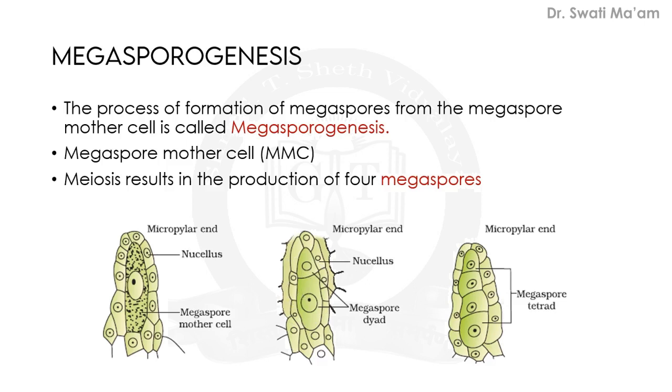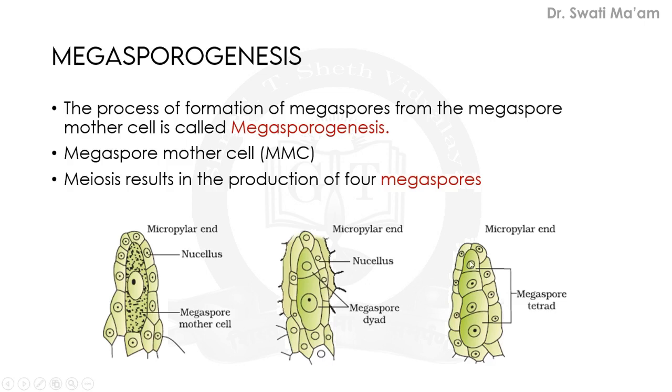It is of unequal size. Again next meiosis 2 will happen and 4 megaspores will be produced, which is known as megaspore tetrad. 4 cells known as tetrad, and megaspore dyad means 2 cell structure.